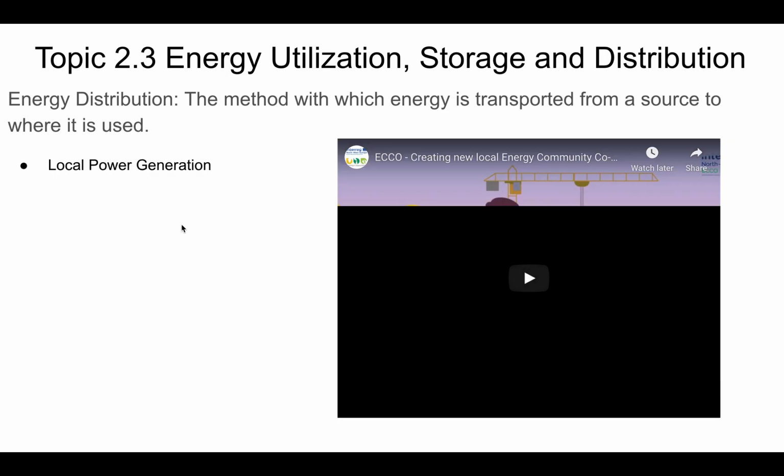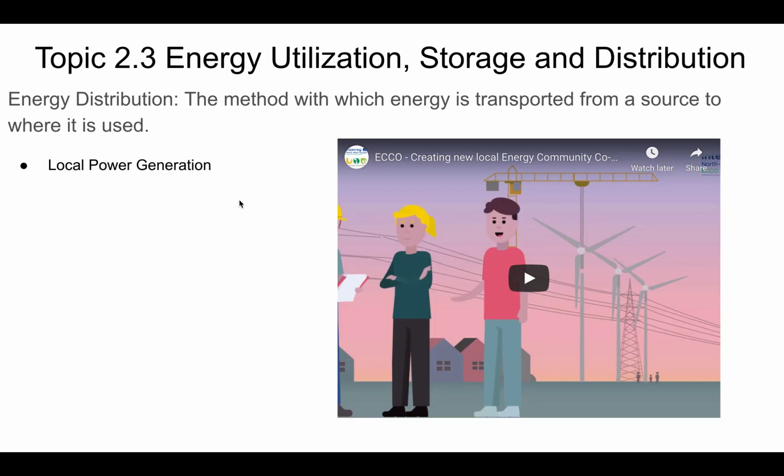Okay, again, this is another thing about local power generation. So you want to watch this video. It's going to describe how right around the world, rather than having these big power plants, people are starting to do more local power generation. Okay, so that's generating power at the local level that feeds into the grid.